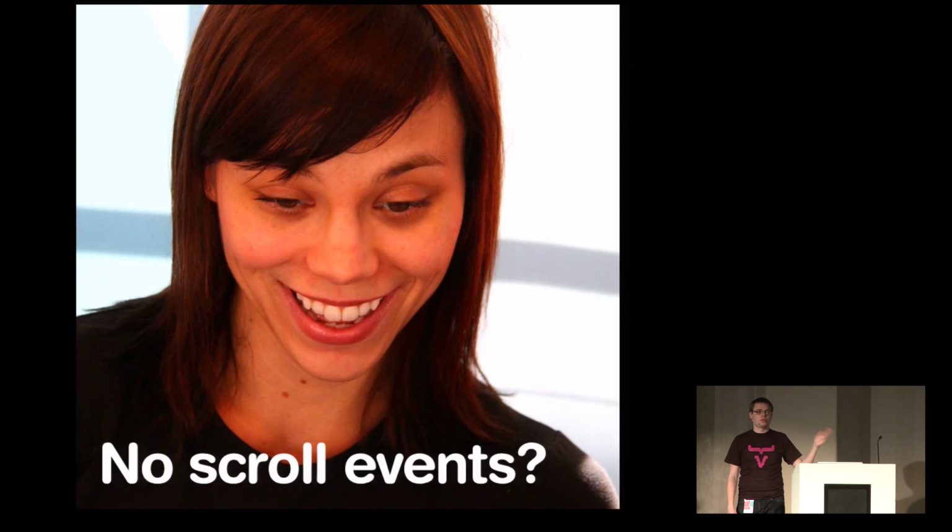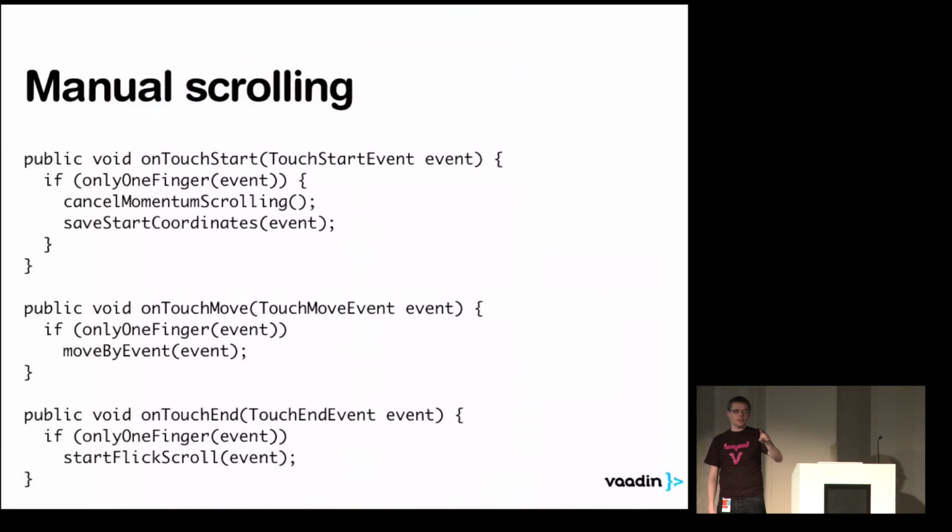But if you want to support iOS 7 or older, you need to do things in a completely different way. What you need to do is manually take all those touch events and translate that into doing scrolling yourself. This is a slightly simplified example of what the code would look like for that.